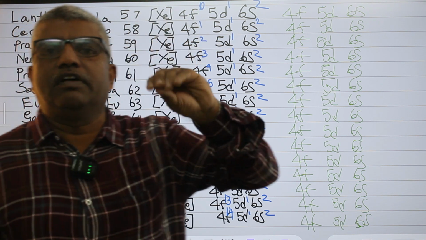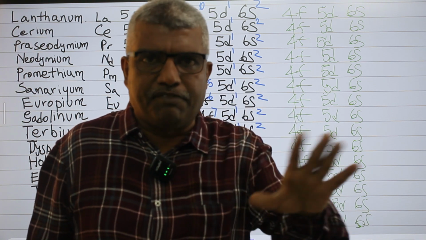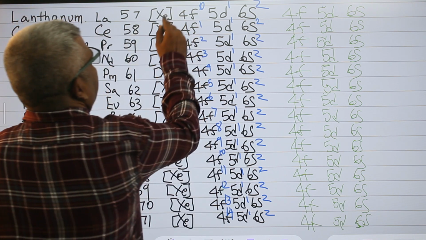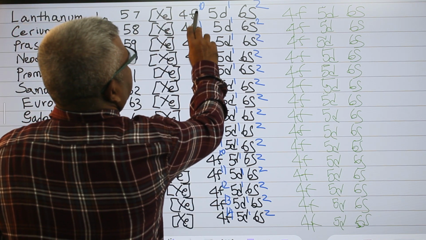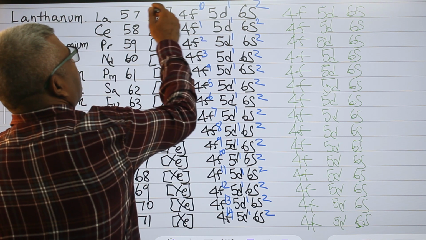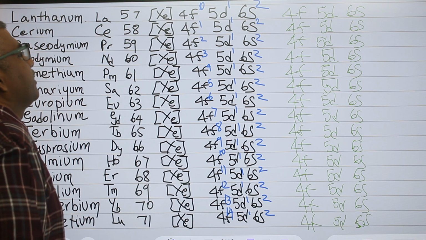Lanthanum's atomic number is 57, xenon's atomic number is 54. We are doing after xenon: 54 plus 1 is 55, plus 2 is 57.